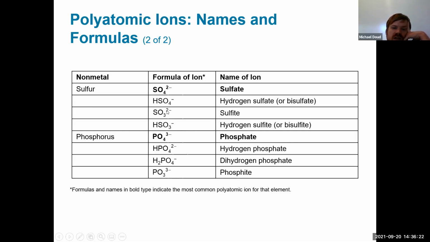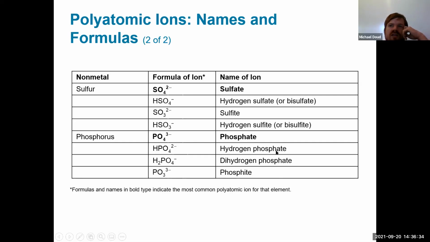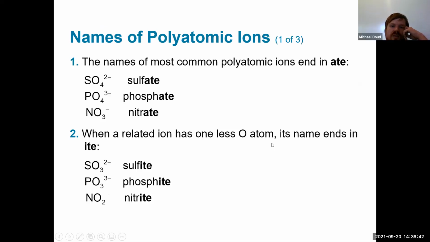Sulfite, SO3 2 minus. And then phosphate, PO4 3 minus. So we're going to look at these relationships a little bit more. But again, the best way that you can work on this now is make those flashcards and start working on them as soon as you have a chance.